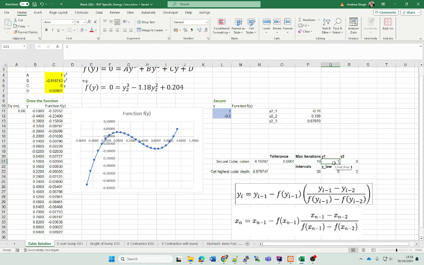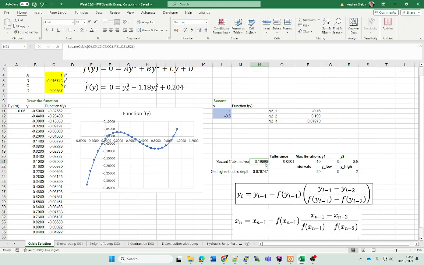Let's get the solution at 0.87. There we go.